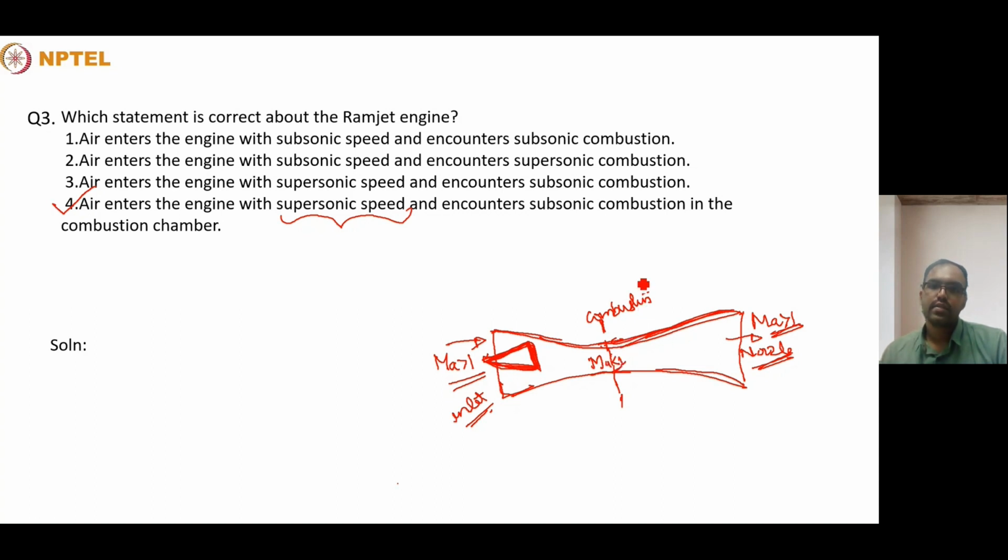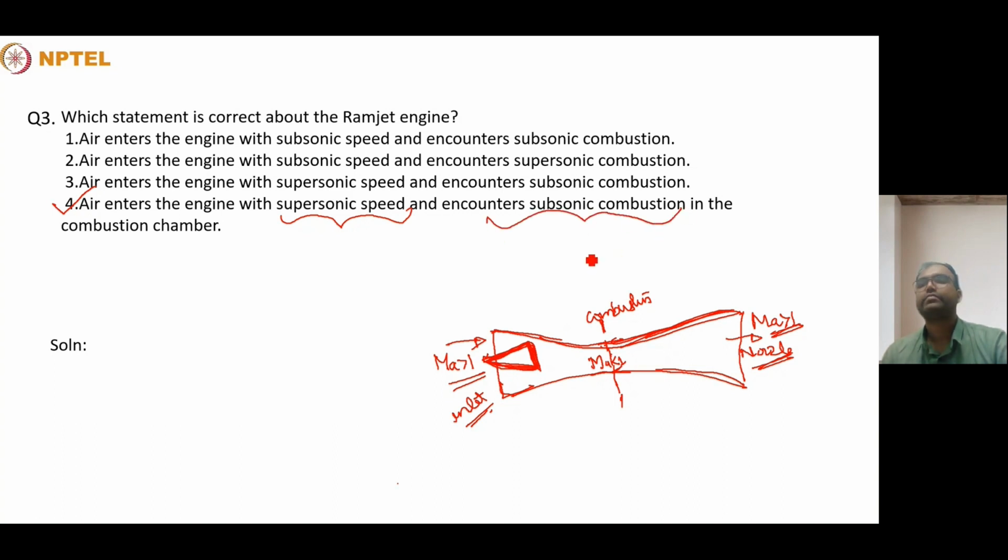So the advantage with this kind of ramjet engines is that it can get away with the moving parts like compressor and turbines. The shock waves produced inside the engine can be used for increasing and decreasing pressure as well as the velocities. So air enters the engine with supersonic speed. Its velocity decreases, Mach number reduces, and it encounters subsonic combustion.